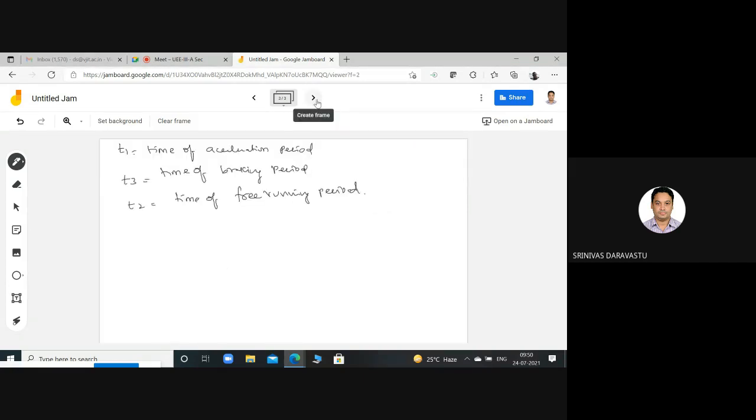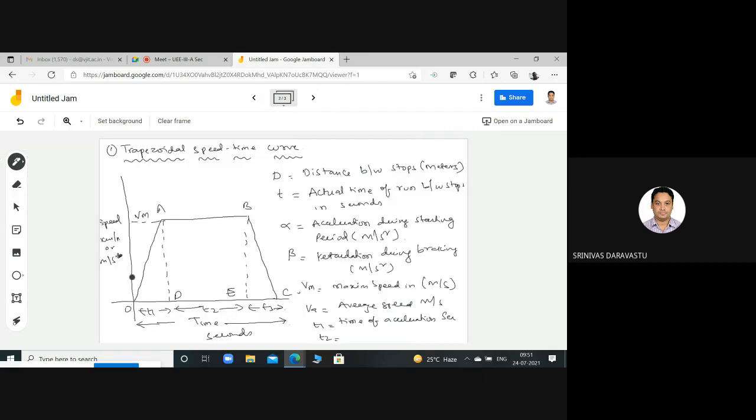Now alpha, what is alpha? Alpha is nothing but the acceleration during the starting period, so it comes from the acceleration period. We can write alpha equals Vm by T1.